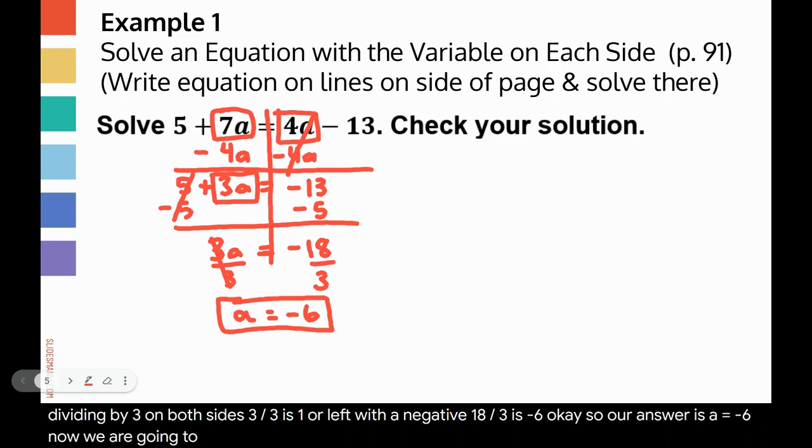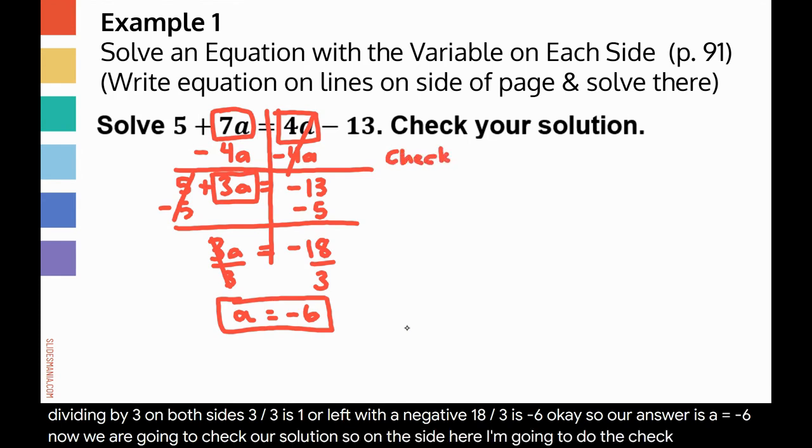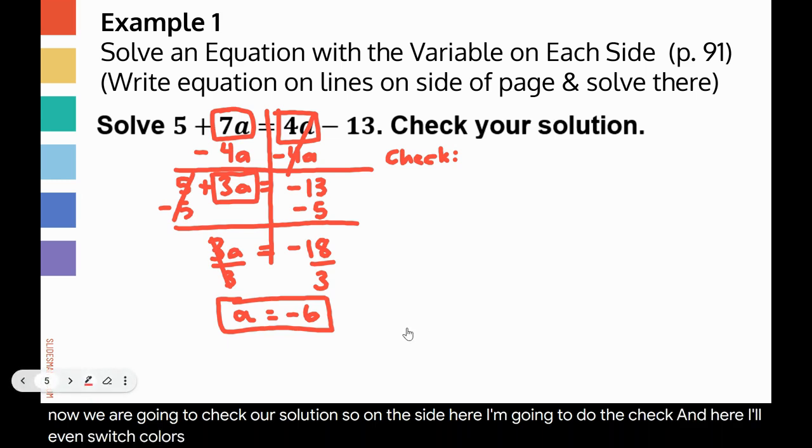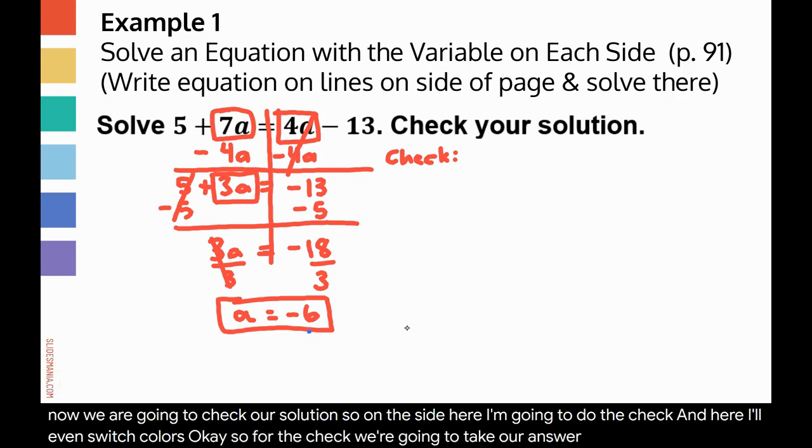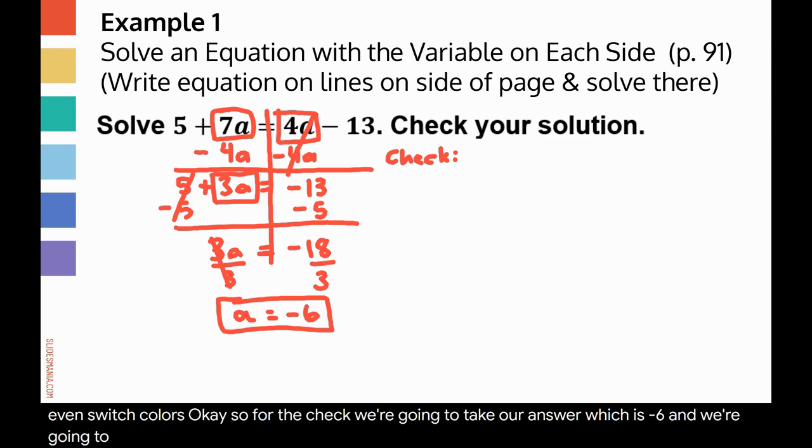Now we are going to check our solution. So on the side here, I'm going to do the check. And here, I'll even switch colors. Okay, so for the check, we're going to take our answer, which is negative 6, and we're going to replace anytime we see an a in the original equation with negative 6.